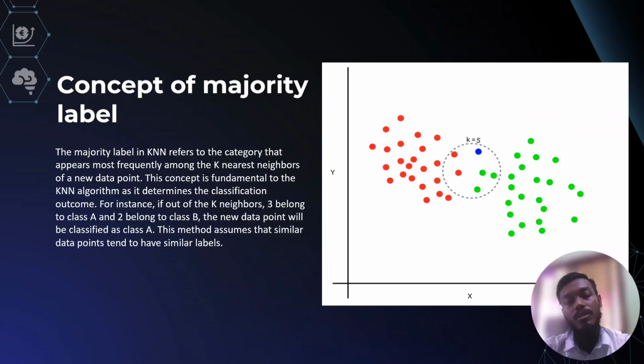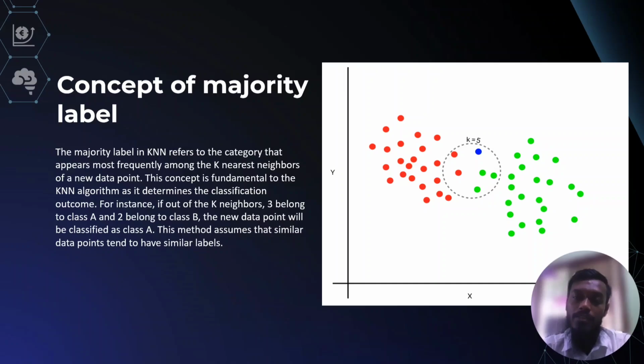Now comes the most important part, the voting part, called the concept of majority label or majority voting. As we said earlier, KNN takes votes from its neighbors and decides which class is going to be the output class. Let's look at the image in the slide for better understanding.